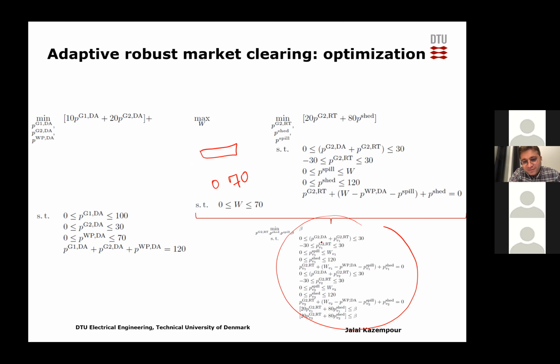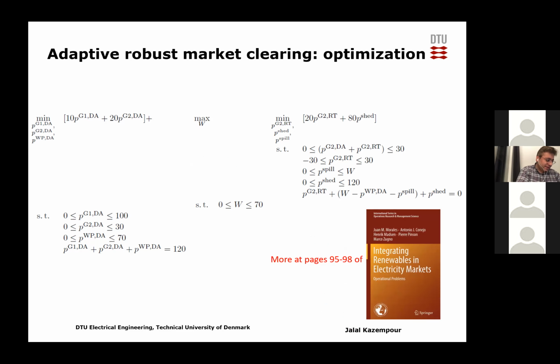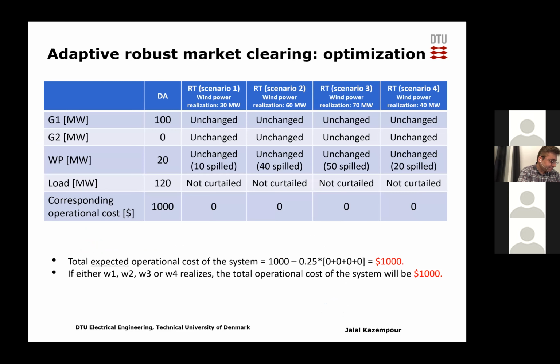If you have 1 million vertices, you need 1 million constraints, which is not computationally appealing. If you'd like to read more, you can read the corresponding book chapter. If you solve the problem, you will see that the wind dispatch under adaptive robust is 20 in the day-ahead dispatch.